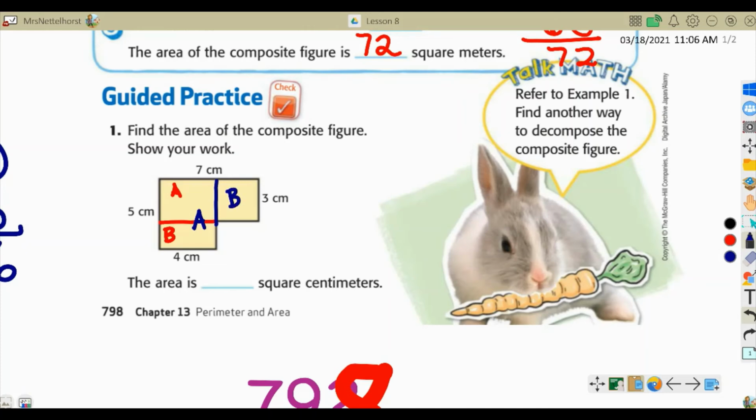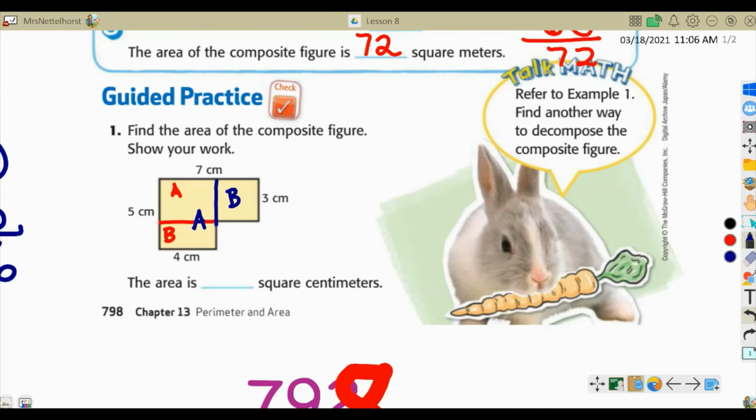So you're going to pay attention to the red writing if you divided it at the red line and have the top rectangle as A and the bottom rectangle as B. Or you're going to pay attention to the blue writing that I do if you chose the left side, which is A, and the right side, which is B.